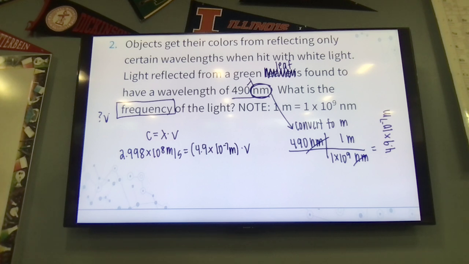Divide. 2.998 E8 divided by 4.9 E negative 7. And I would highly encourage you to use the E, otherwise put parentheses around it. And I got 6.1 times 10 to the 14th. And then your frequency is always hertz.